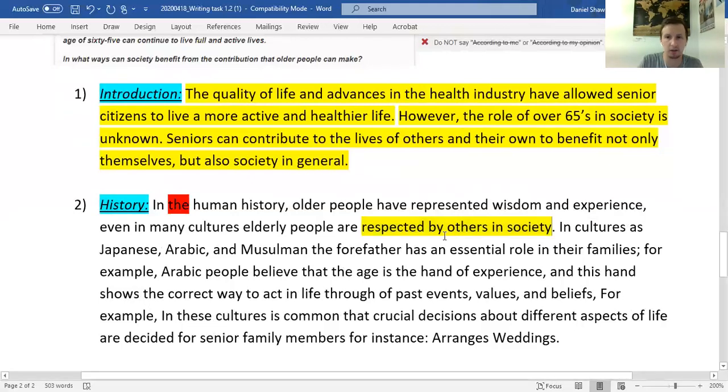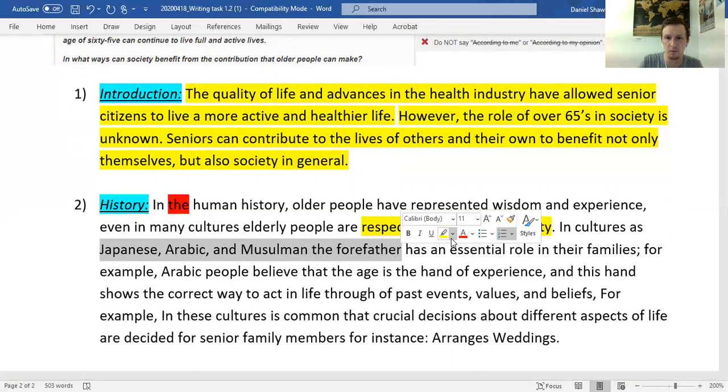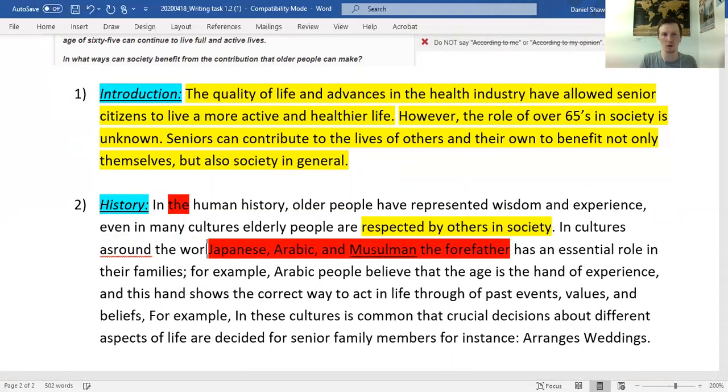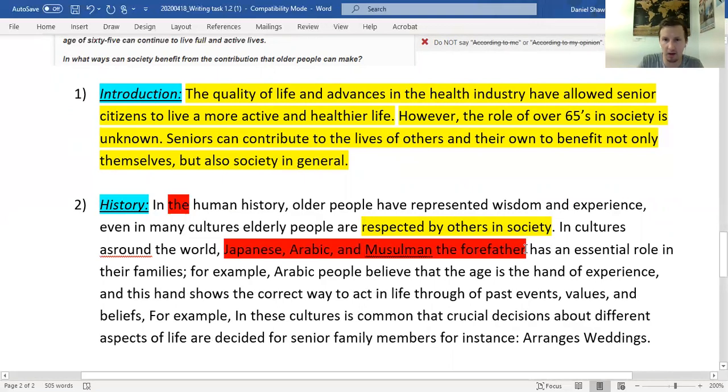In cultures, as Japanese, Arabic, and Muslim, the forefather has an essential role in their family. Again, I'm not too sure if this is correct or not, so we can take this out. I'm just going to put this in red to identify we don't need this. Instead of saying specific ones and we're not sure, we could just say in cultures around the world.